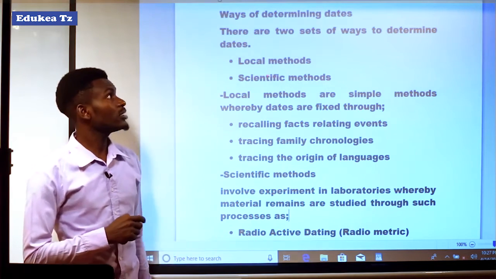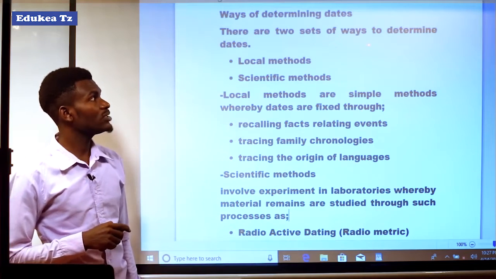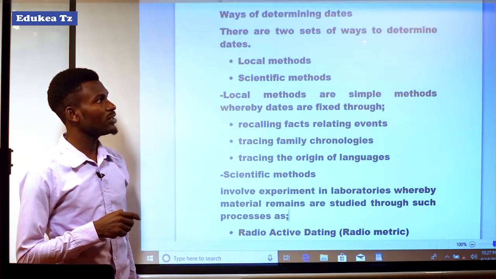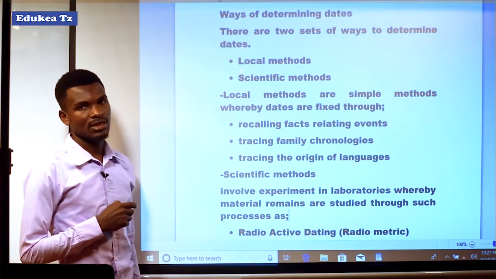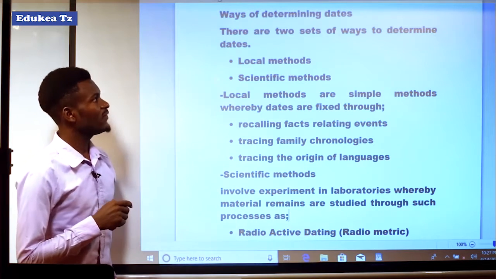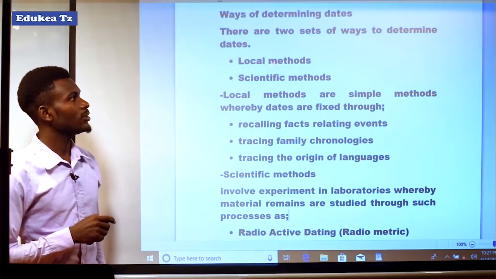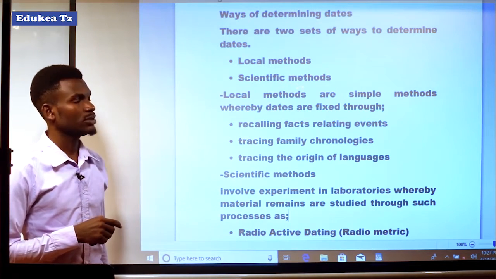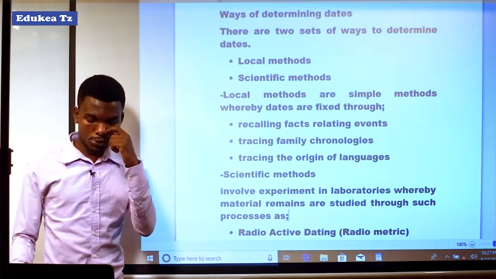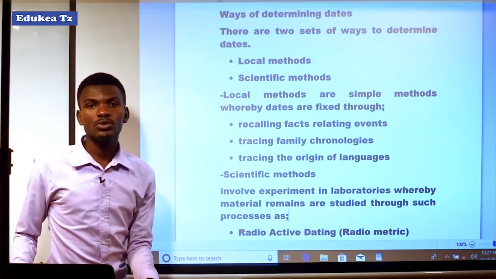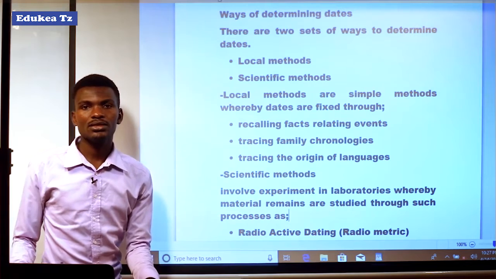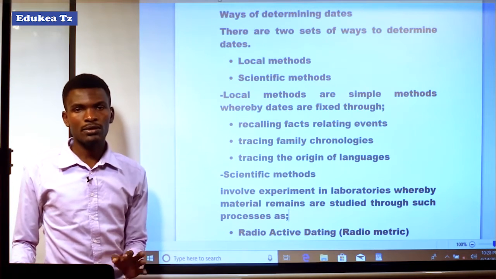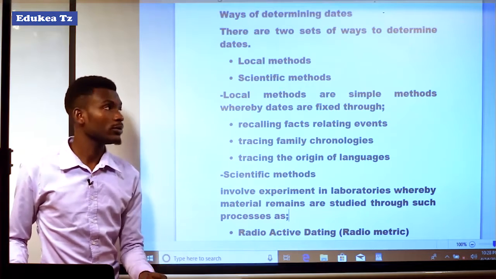In our topic, there are two ways of determining dates. It means there are two sets of ways to determine dates in history. The first way is the local method, and the second one is the scientific method. So we are going to see only these two ways of determining dates in history according to your level.